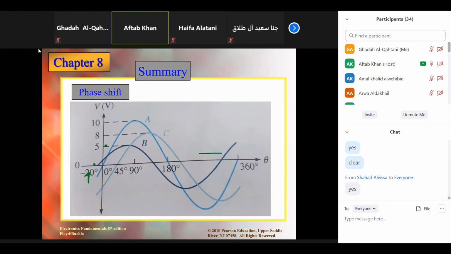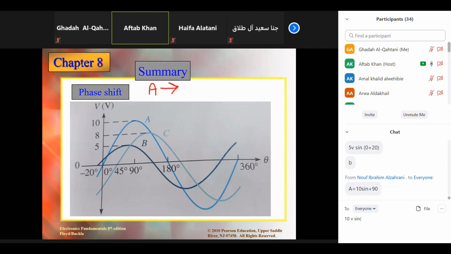Now see this one and tell me what is the equation for all three waveforms A, B, C. What is the equation for A? Then B, then C. One by one.